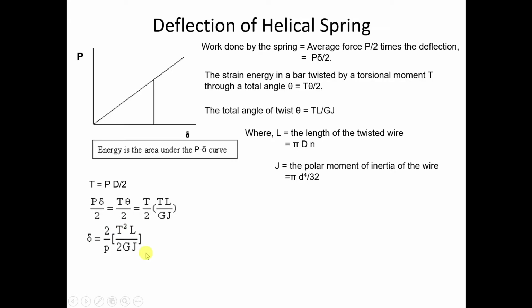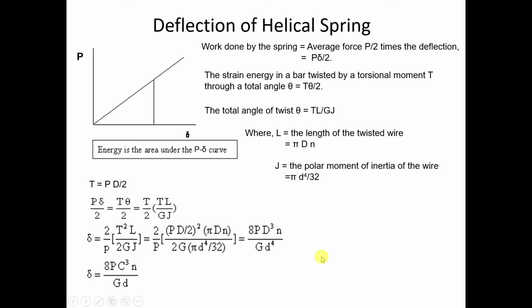And if you put in all those values, T is this and J is this, so you'll end up with the equation for total deflection del equals 8P into capital D to the power 3 times N by G into small d to the power 4.